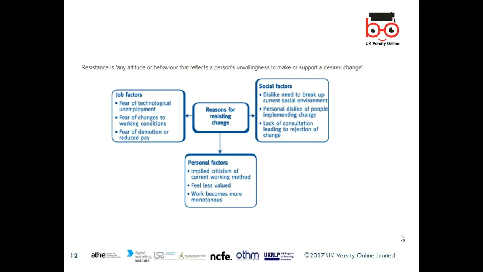So that's why we need to think about people having to learn the technology. If they don't learn it, ultimately they will lose their jobs. Fear of change to the working condition and fear of reduced pay. We need to look around at those. If you don't perform, your pay will be reduced. We need to look around at those. We need to motivate.